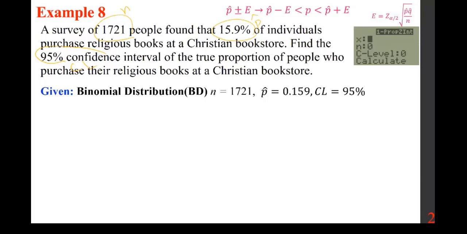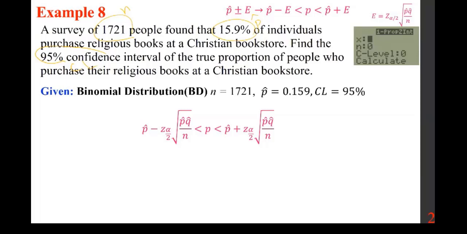Now, we can calculate the E using the top right formula. And for 95%, remember, we use 1.96. We've been using it. So I want to show you a slightly different method of writing this. You can calculate E and then add and subtract, or you can write it in this fashion.